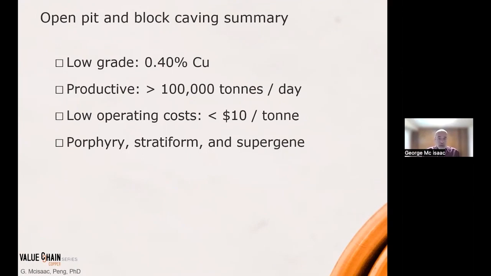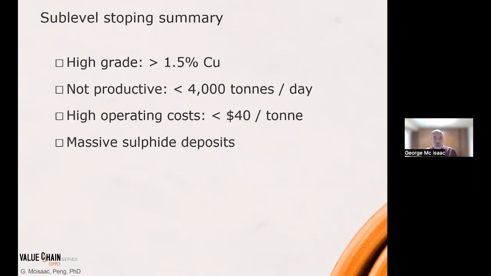They have low operating costs, in general less than $10 per ton. Of course, none of these numbers I'm showing you are absolutes, but that's a general tendency. And these two mining methods are applicable for porphyry deposits, stratiform deposits, and supergene.